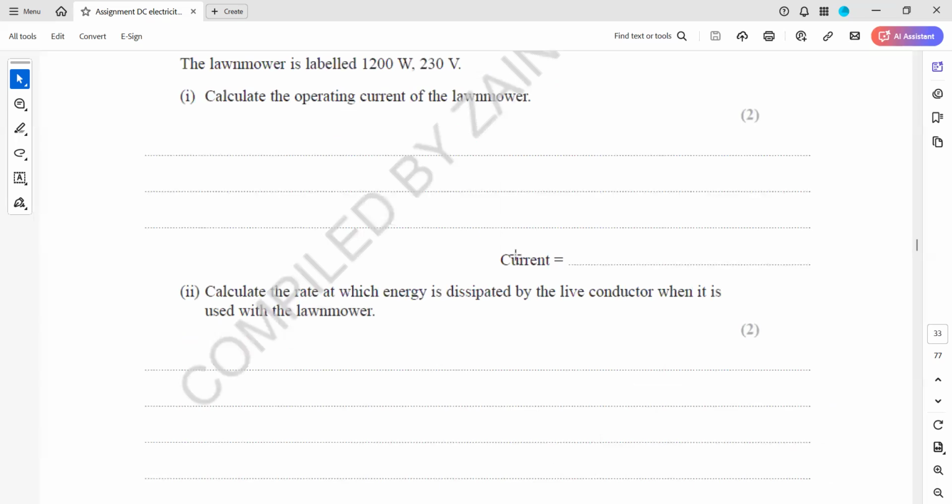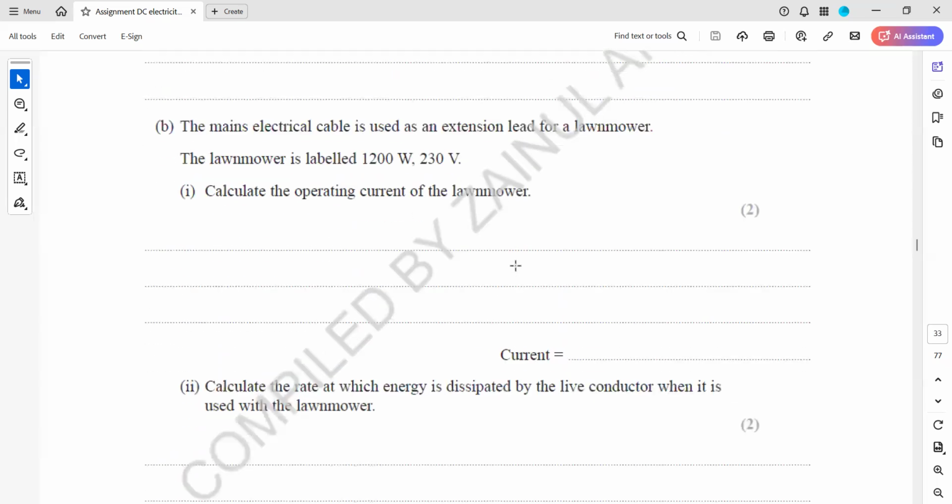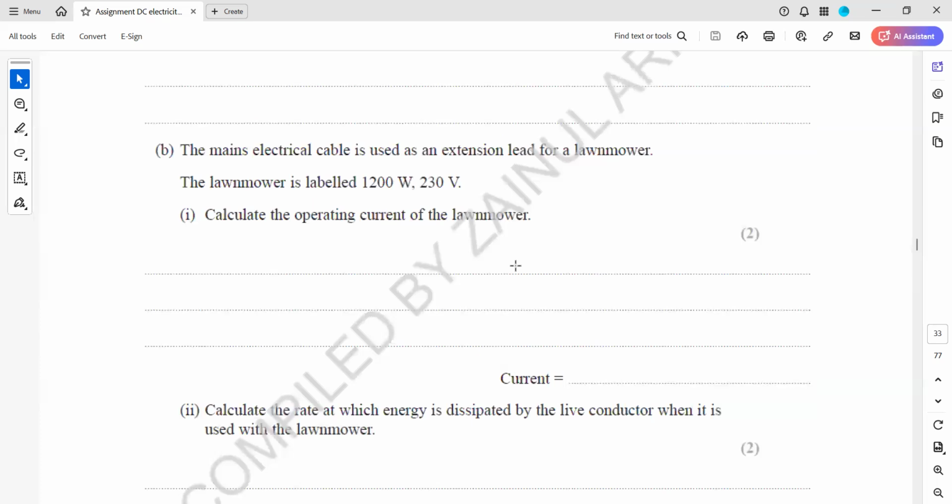But in the question, they did not mention how the circuits are connected, and that's why we are not using that formula.